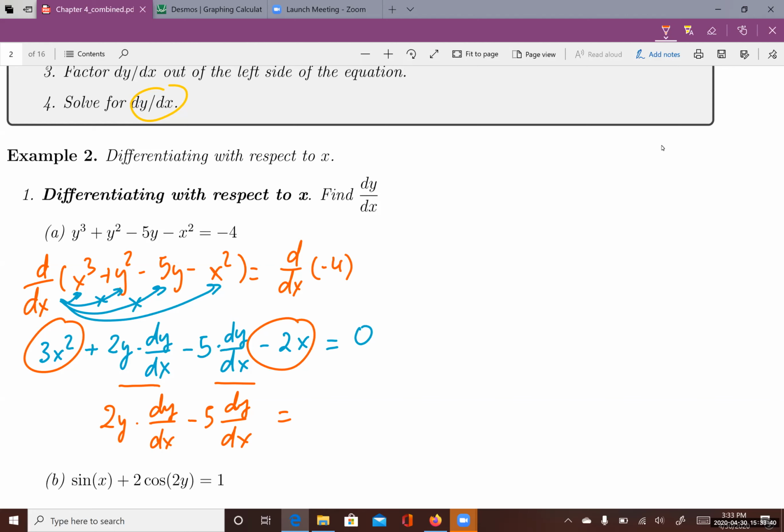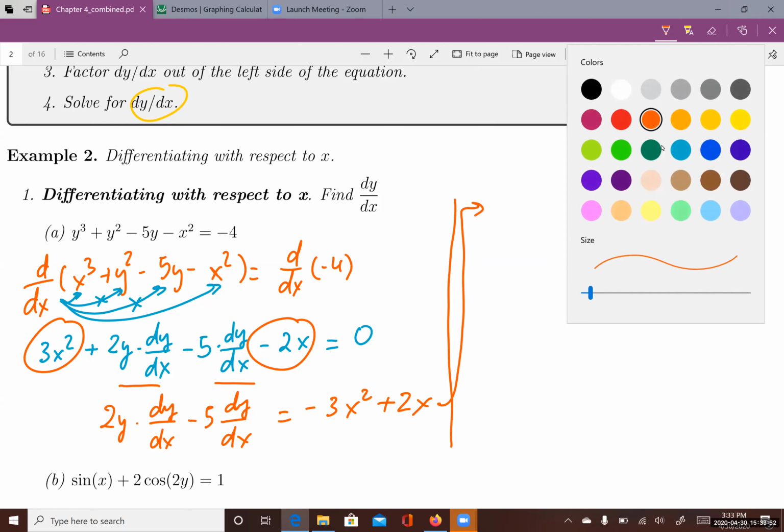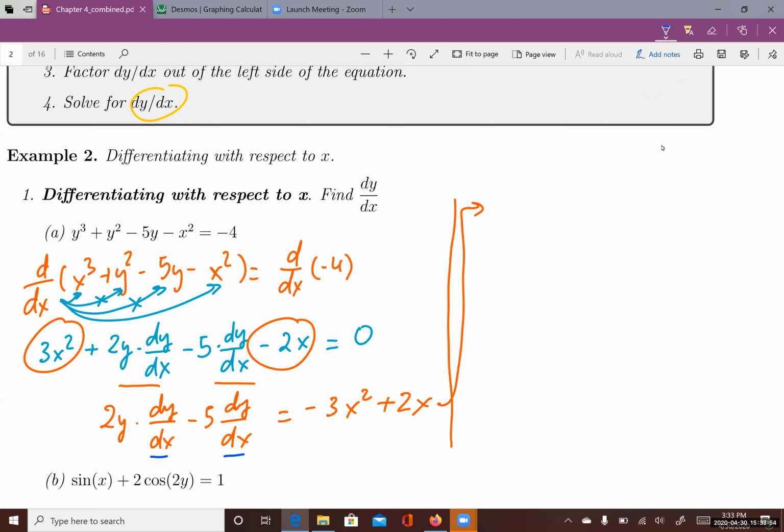So 3x squared will be -3x squared, -2x will be +2x. Okay. All right. My next step is, again, the ultimate goal is to find dy dx. So I want to factor dy dx out. I got dy dx times 2y minus 5 equals -3x squared plus 2x.